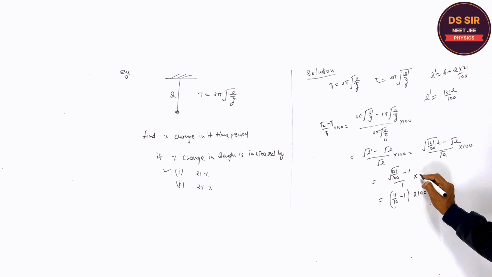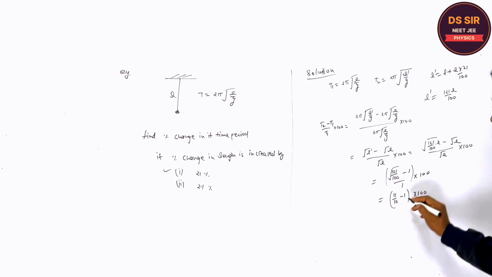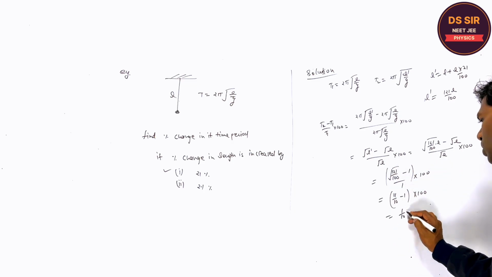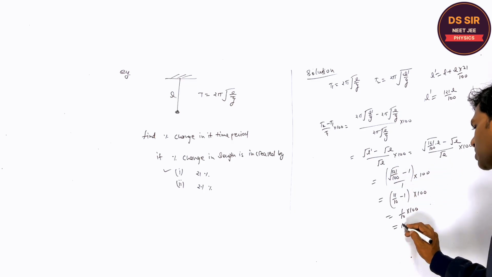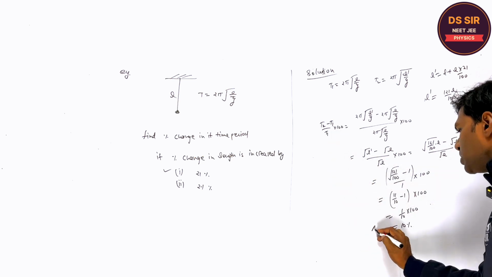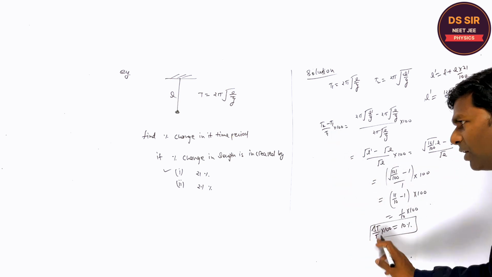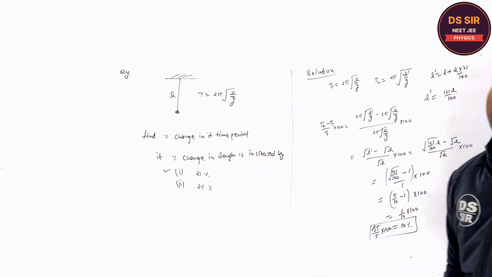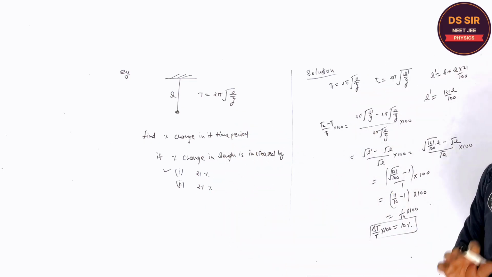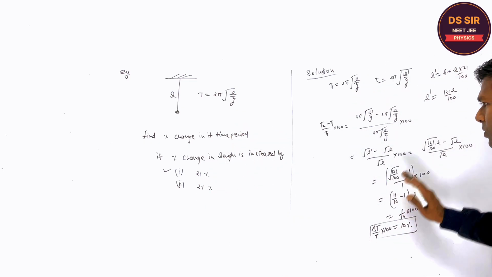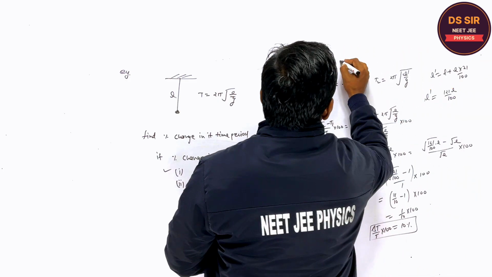Are you getting or not? So this is how much? 1 upon 10 into 100, the 10%. So the time period is changed by 10% if length is increased by 21%. Is it clear or not? This is the solution. This is the first part.